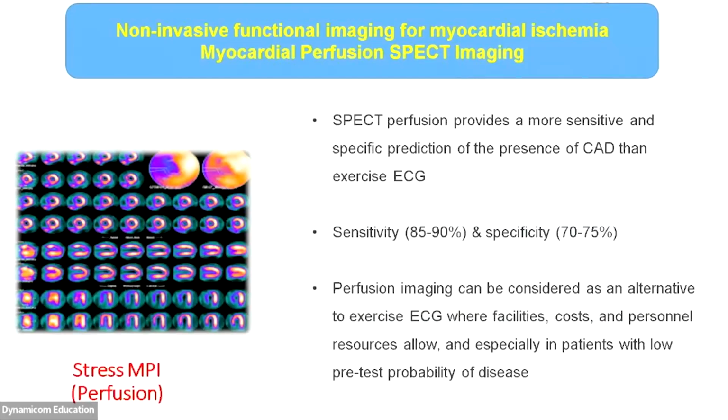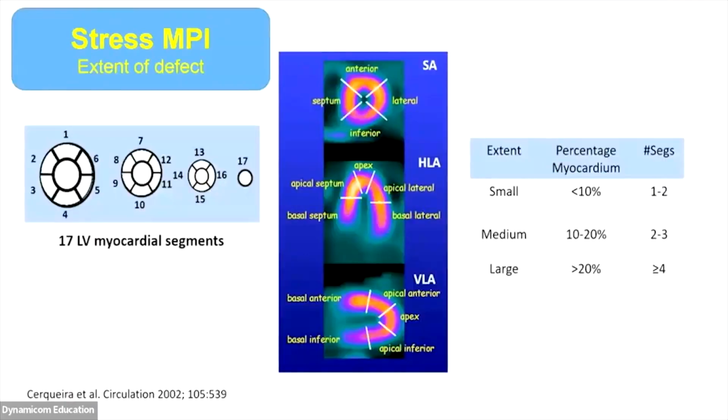It can identify patients who sustained an infarction with a scar, in which there is no benefit of revascularization, and patients with active ischemia. And according to the perfusion defect, we can stratify the risk of these patients, whether it's a high-risk patient or not.